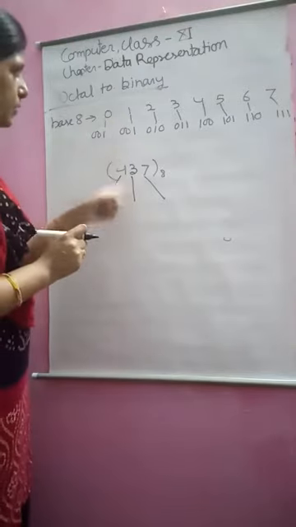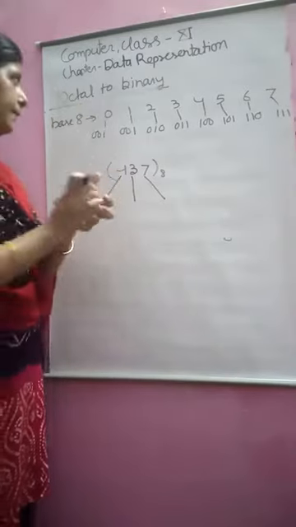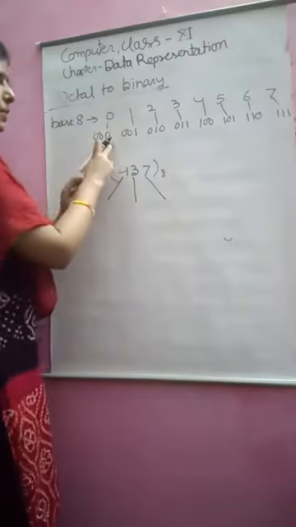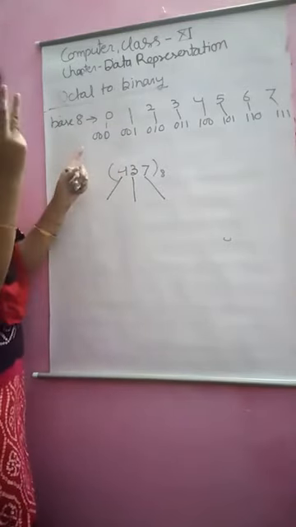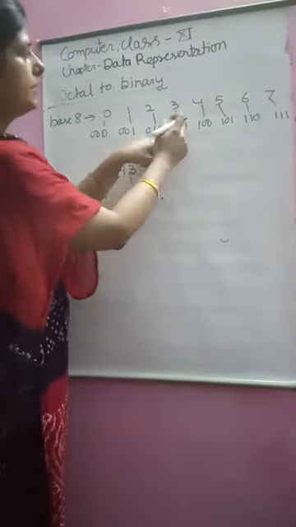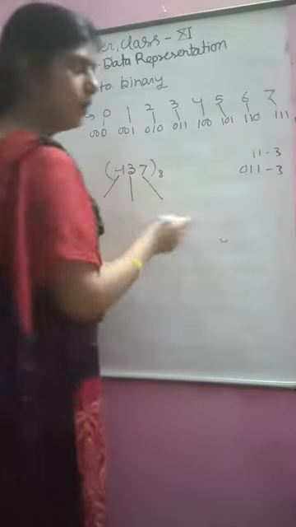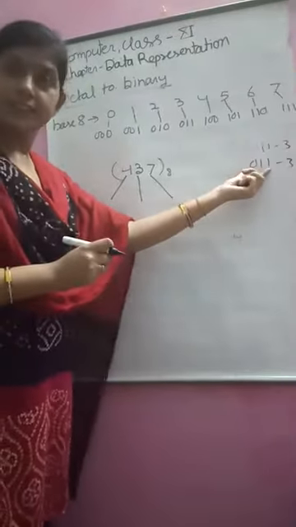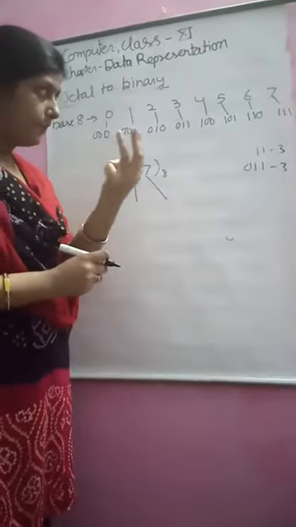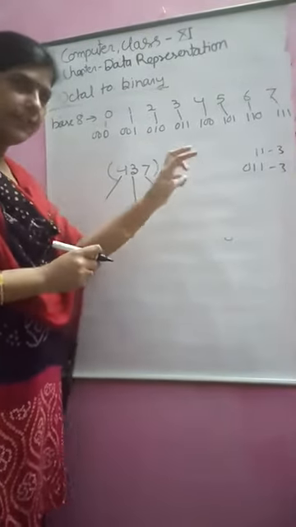Convert each digit to 3 bits. Remember, 3-bit equivalent means 0 is 000, 1 is 001, and 3 is also 3 bits. You need this 3-bit equivalent binary. If it does not complete 3 bits, put a 0 on the left-hand side, so it will not change the value.